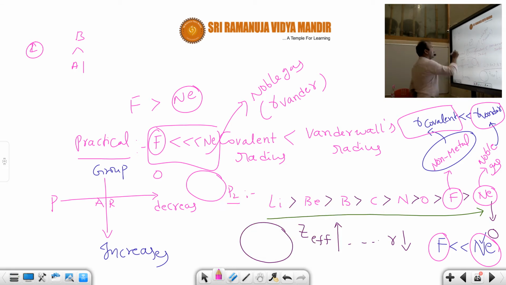So aluminum is larger in size than boron, gallium has more atomic size compared with aluminum, indium has more atomic size compared with gallium, and thallium has more atomic size compared with indium.